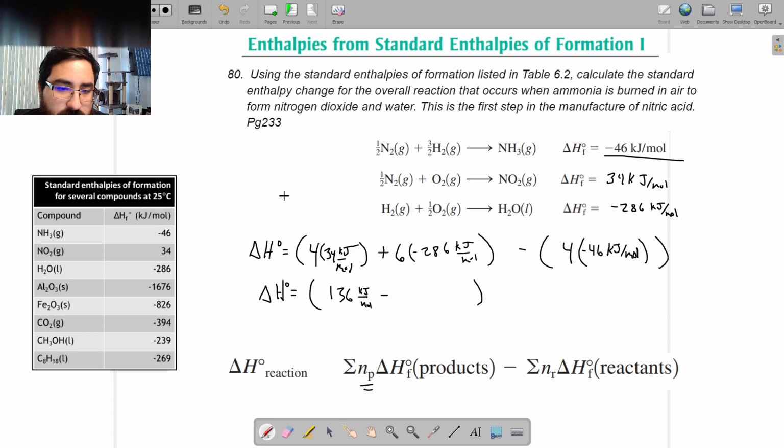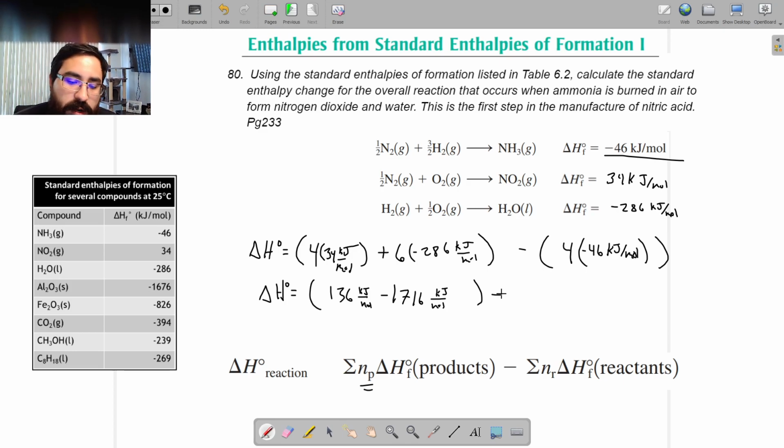So 6 times 286, that's a negative 1,716 kJ per mole. All right, and we're going to do the same thing over here, 4 times 46. And since this is negative and that's a negative, I know this is going to become a positive, so plus 184 kilojoules per mole.